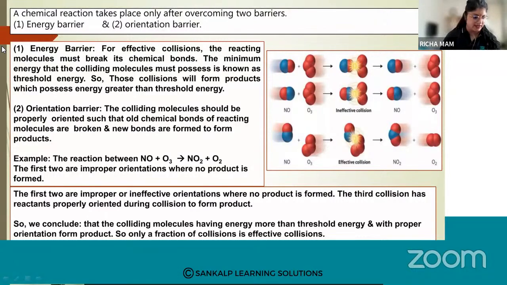If you want, you can write down the weightage for each chapter. The solution chapter is for 13 marks. Then we have completed electrochemistry also. Electrochemistry is for 14 marks.